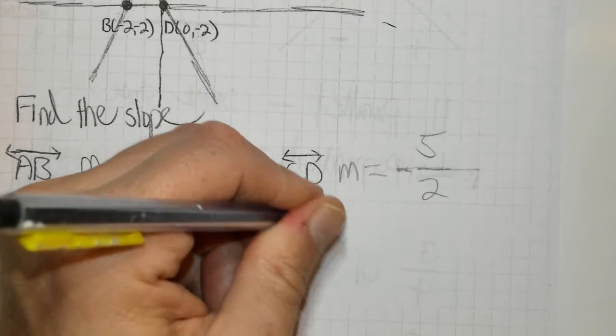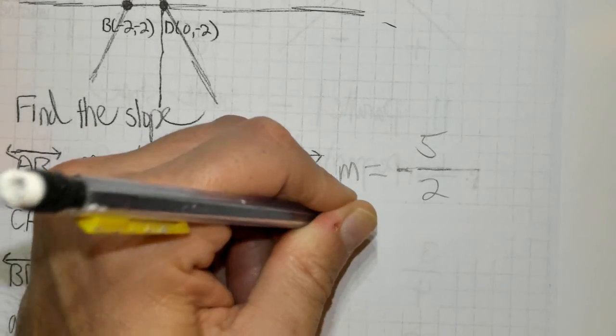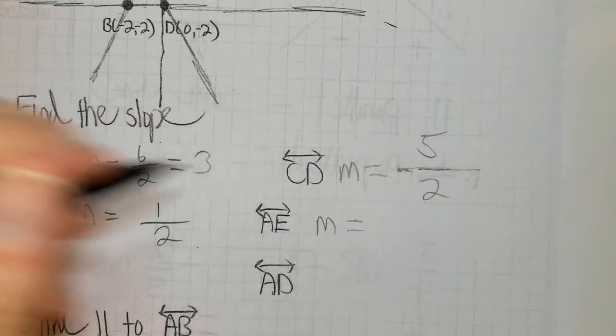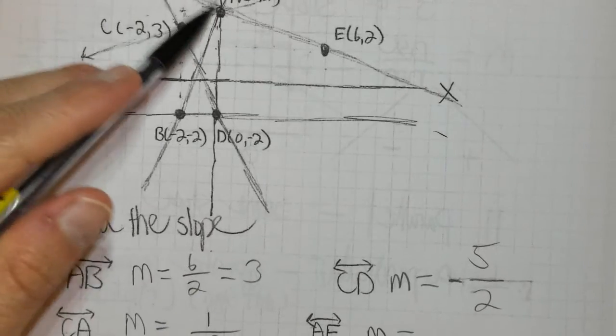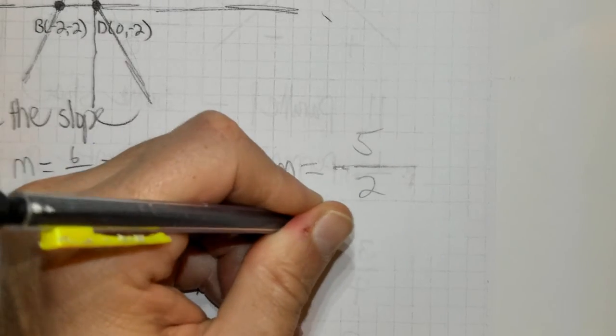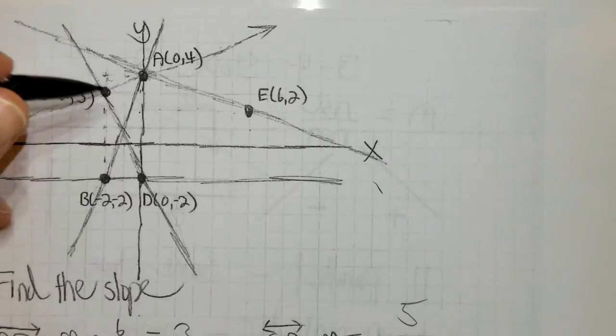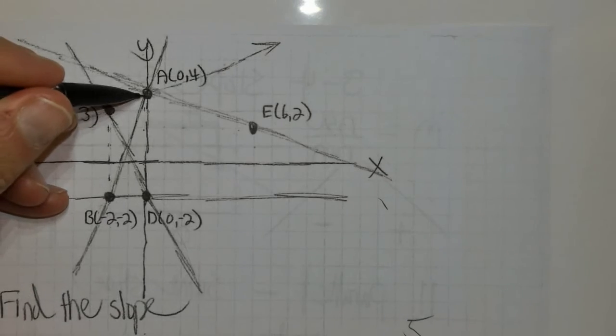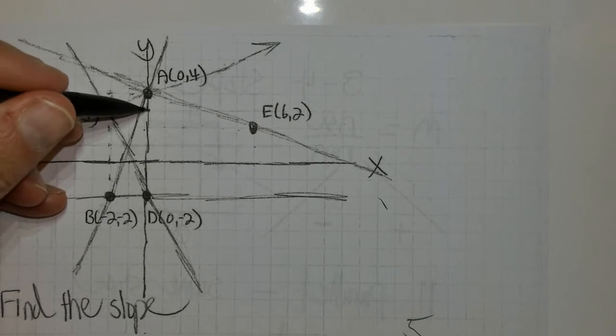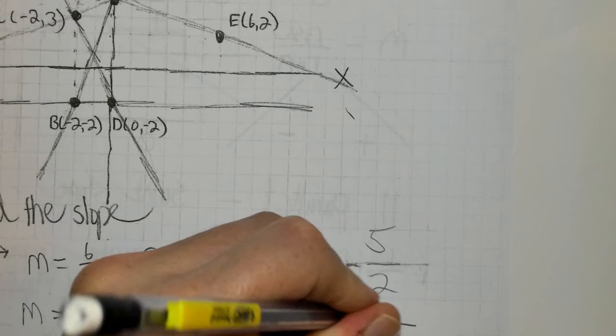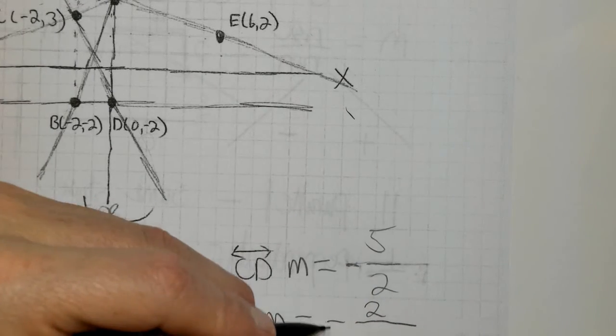Measure the slope of line AE is what we're looking for now. So let's look at AE. AE is going down from left to right. I know that's a negative slope. I'm going to go ahead and write that in. All right. Now, let's check the rise over run for AE. The rise is down by 1, 2. So I'm going to put 2 at the top. And remember, I already wrote the negative out there.